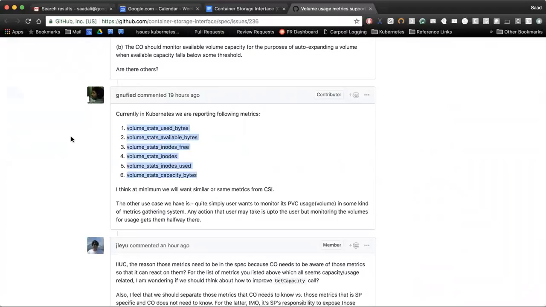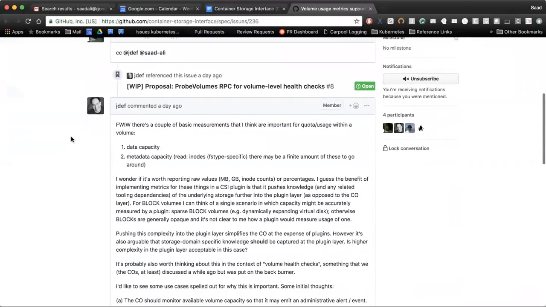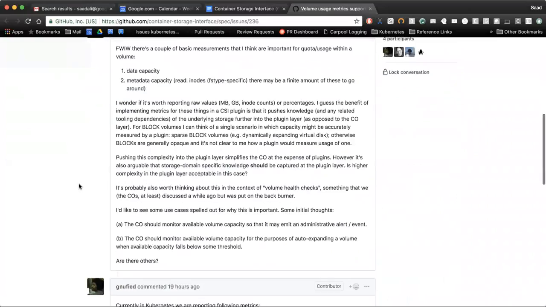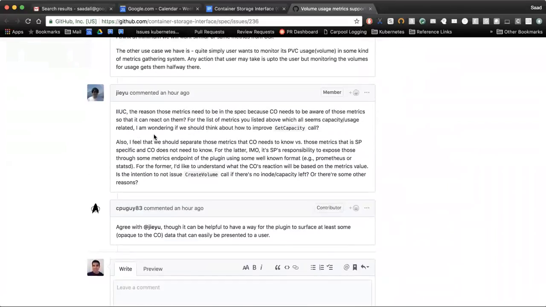I think Hemant summarized it well in this thread, where we could do DU or stat on one of these volumes, but it might be better to let the volume plugin figure out the best way to get that information. And then G proposed extending the existing get capacity call to support this. It seems reasonable to me.